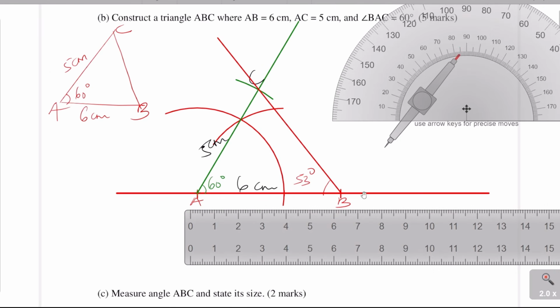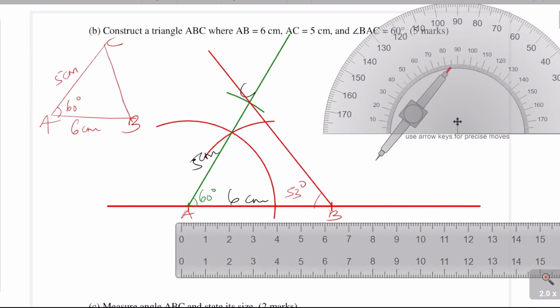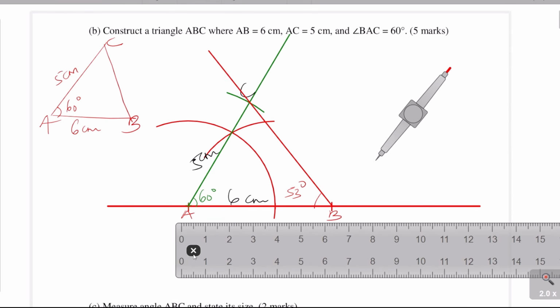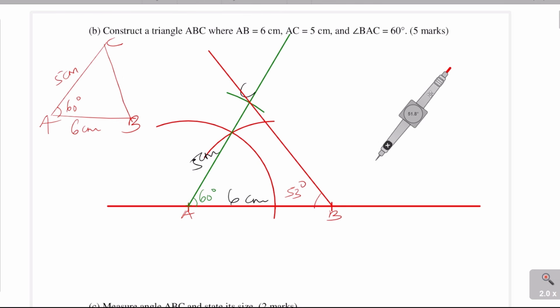So the next question: construct the perpendicular bisector of line AB. We use a pair of compass to do that. You stand at A with your pair of compass, any convenient radius, and ensure that you open it more than half of that line.